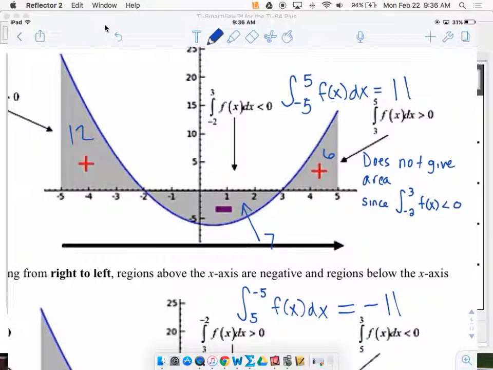It all depends on where you start and where you stop. On the top one, we went from left to right, so we started at -5 and stopped at +5. On the bottom one, we're working backwards, so we started at 5 and then went back to -5. It all depends on the direction that you're going.